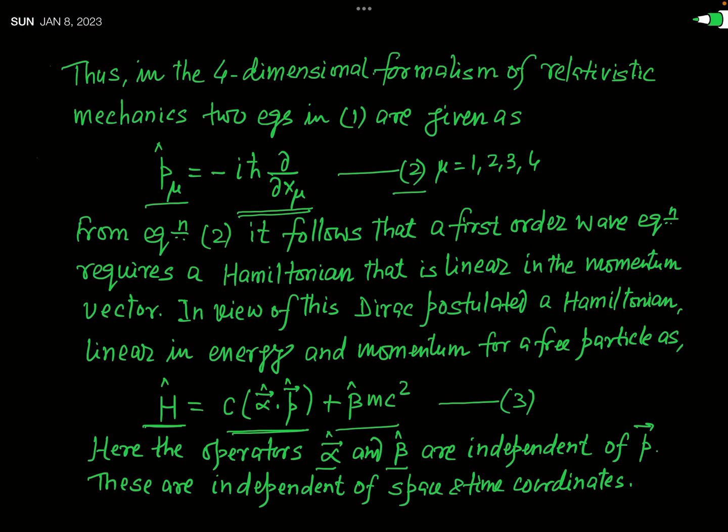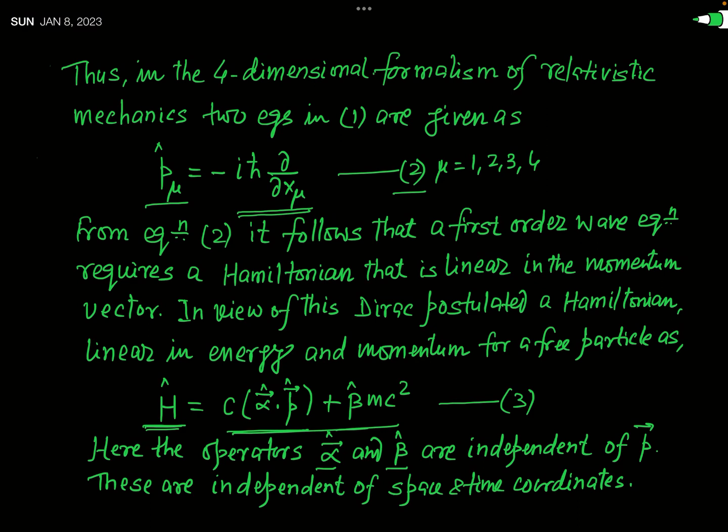So you can see this is just a postulate of Dirac that the aim was to express the Hamiltonian of a free particle as a linear function of momentum, and for that Dirac postulated that the Hamiltonian of the free particle may be written like this.